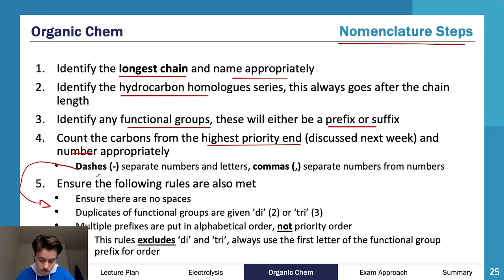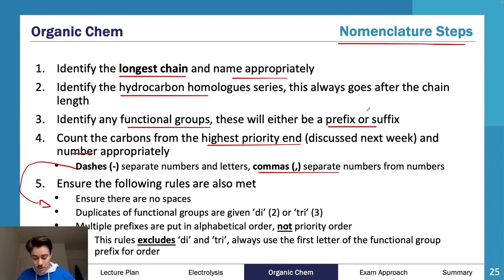But for the 2 and the 3, there needs to be a comma between them. It needs to go 2,3-dimethyl. Really important. Commas separate numbers. You must have commas between numbers. You can't just write 2 3 or 2-3. That's not right. It must be 2,3.